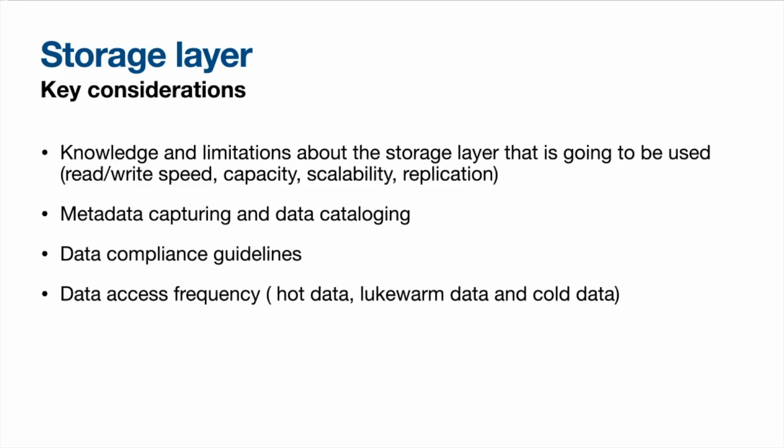Basically, that is the data that you are frequently accessing. Next one is lukewarm data, where you'll be accessing the data every week or every month. And cold data is basically an archive type of data where you will be storing your data in an archive, and it is only retrieved in case a disaster happens, and you use it as a backup for your services.